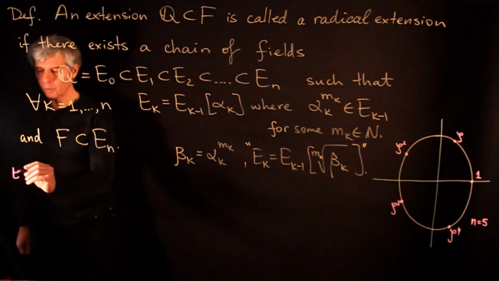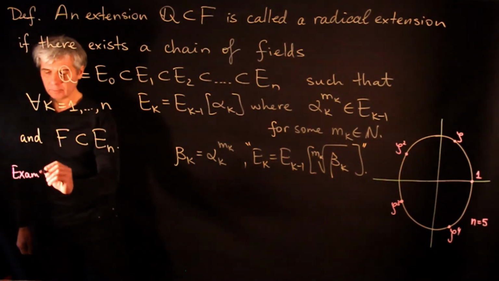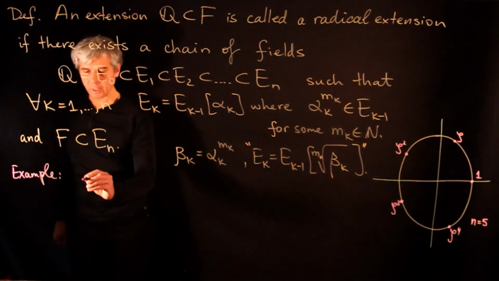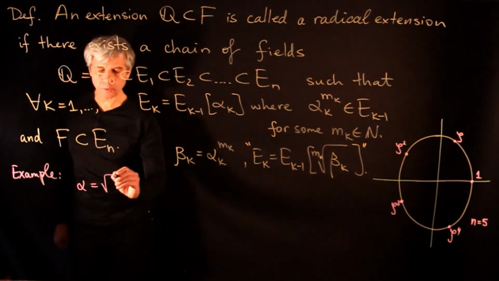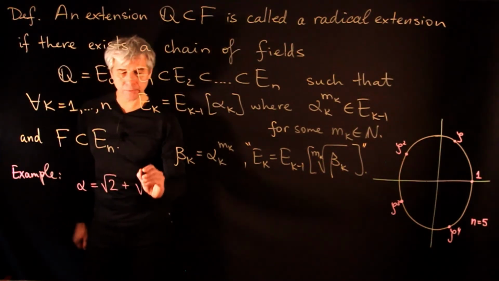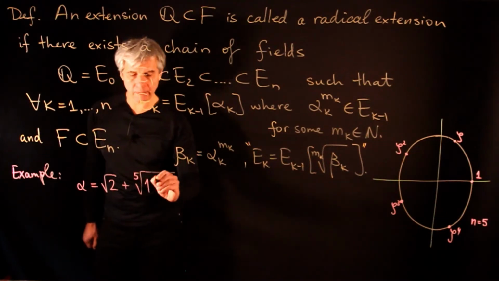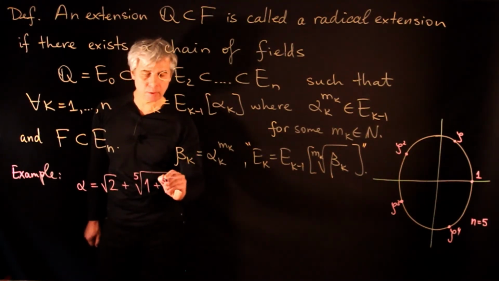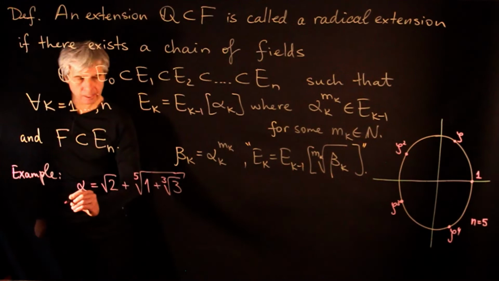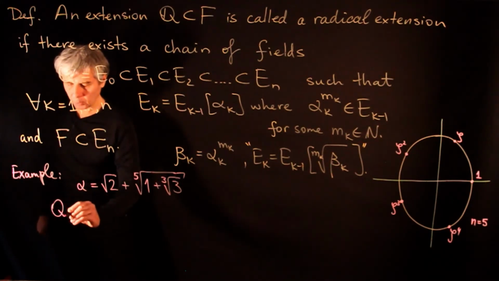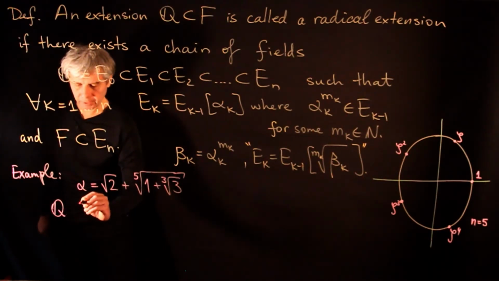If we go back to our example, where we take alpha to be square root of 2 plus fifth root of 1 plus cube root of 3, then here we could consider the following chain of field extensions.